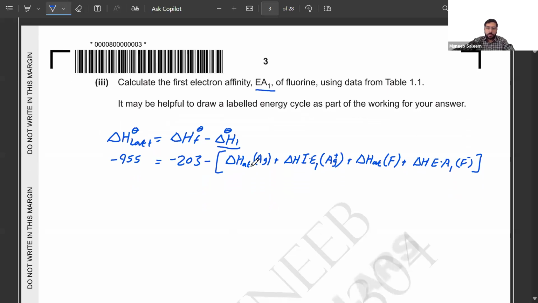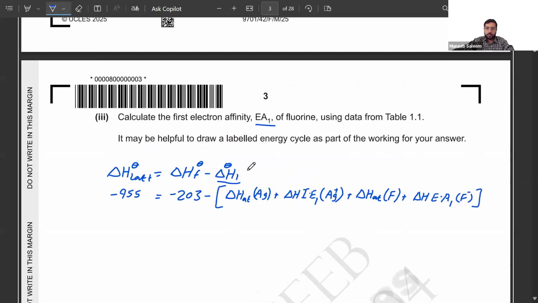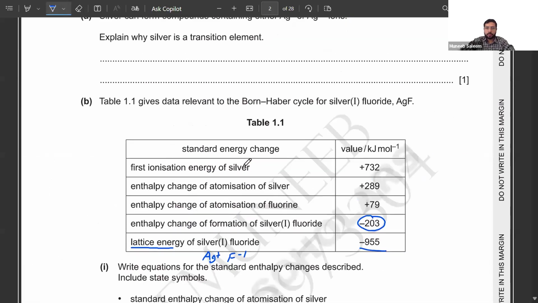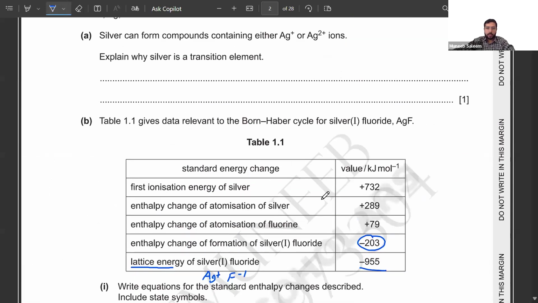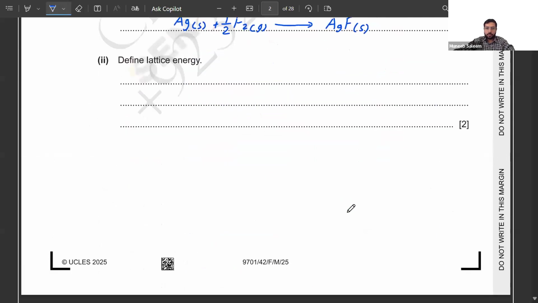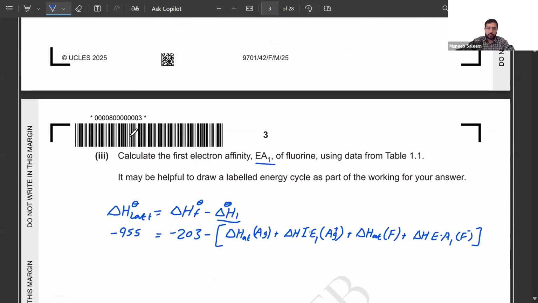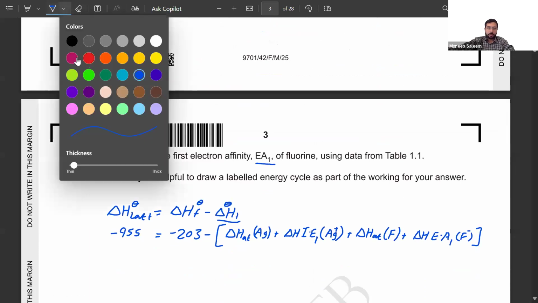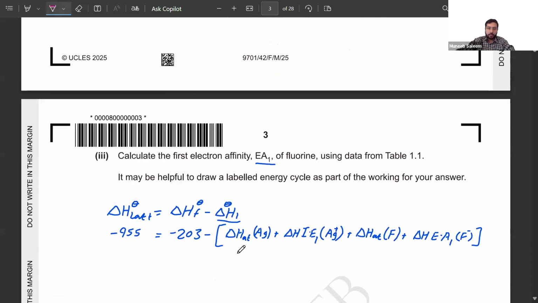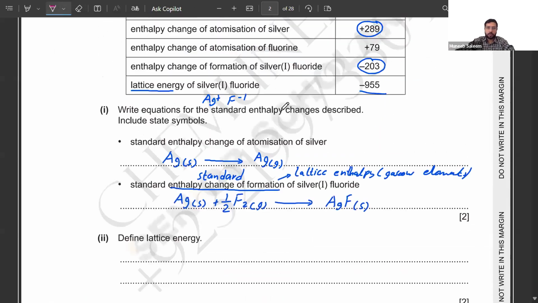Now we are given some values here. The value of atomization of silver is given in the table, which is plus 289. So I'm going to write it just below. Plus 289 value is given for this part. Then ionization energy of silver is also given.